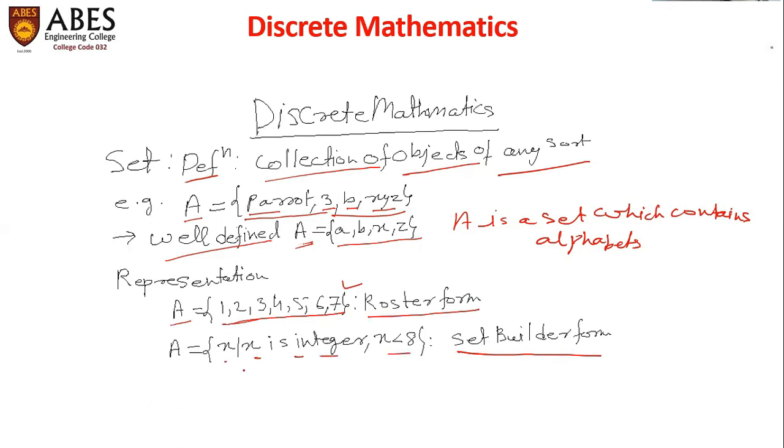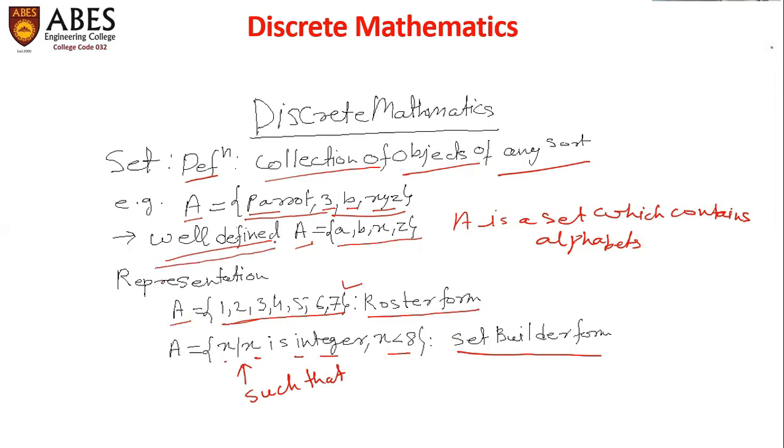Here this symbol is pronounced as "such that". So you can understand the set builder form, the roster form, and the definition of a set. Also, you should remember that the set should be well defined.